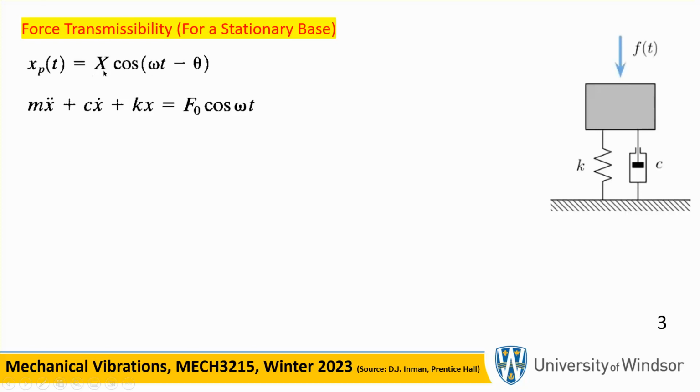Notice that if the load is oscillating with the frequency omega, the steady state solution is also oscillating with the frequency omega. But there is a lag, and as long as we have a damper, this lag is there, and there is an amplitude that we discussed last time on how you get it.